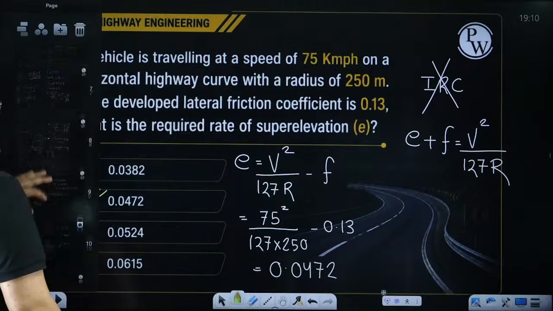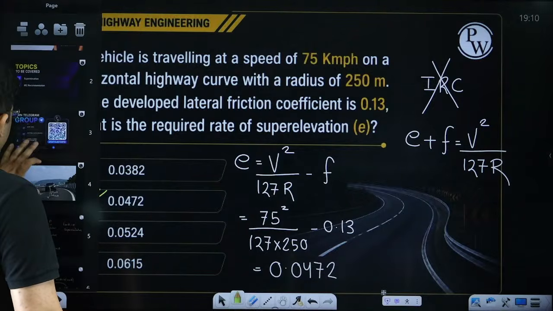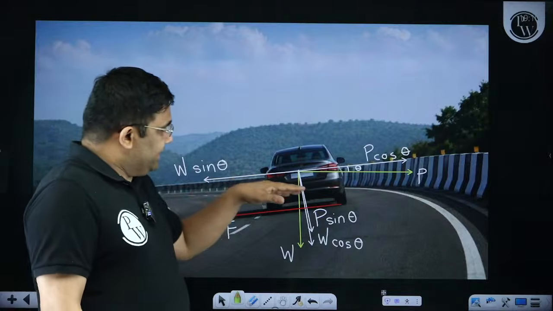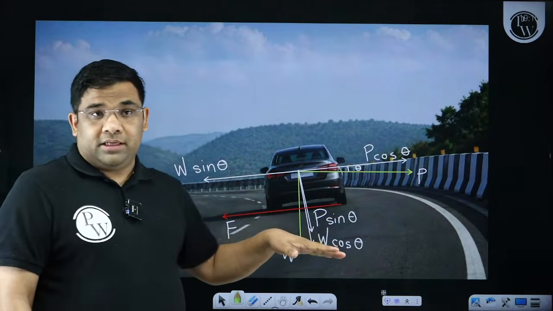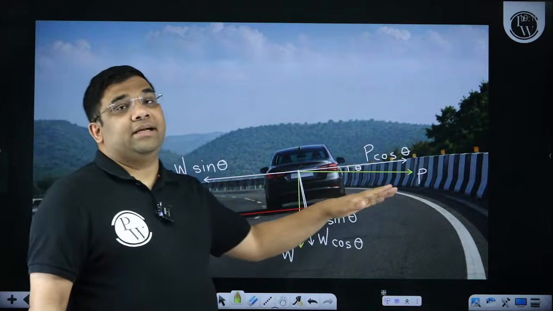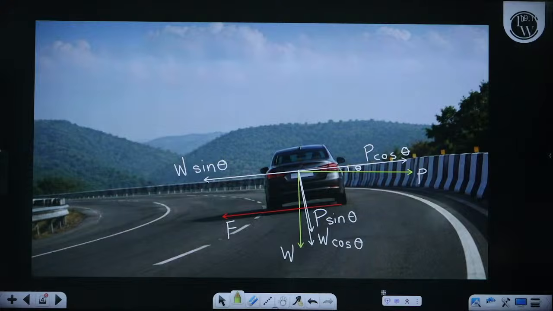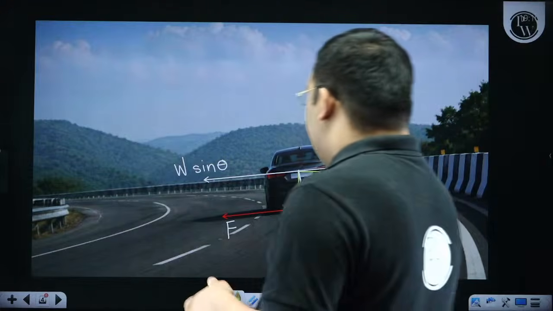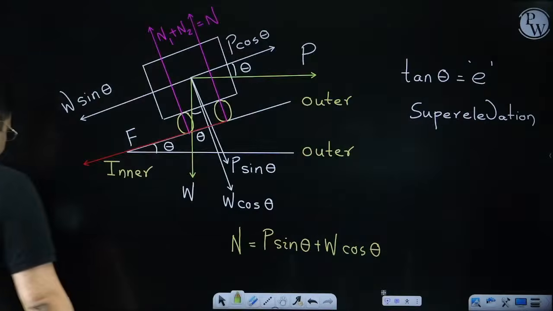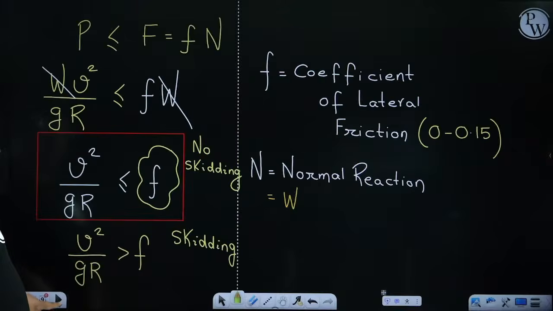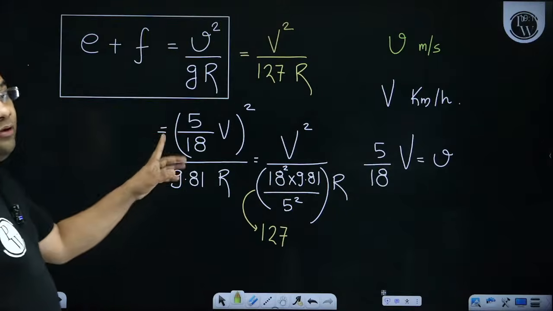Let me revise this for you. Why do we tilt the road? When we are not tilting the road, there is only friction opposing the centrifugal force. But when we tilt the road, there is W sin theta also, and therefore the equation we get is e plus f is equal to V square by 127R.